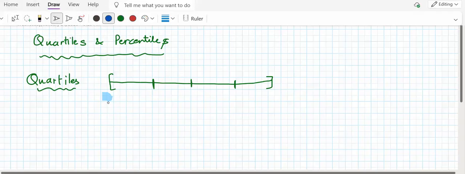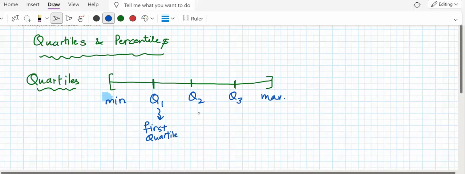So you have your minimum value, you have your maximum value, and then you have these three numbers which equally divide your data set into four parts. We call them Q1, Q2, and Q3. This is my first quartile, then this is my second quartile, and this is the third quartile.